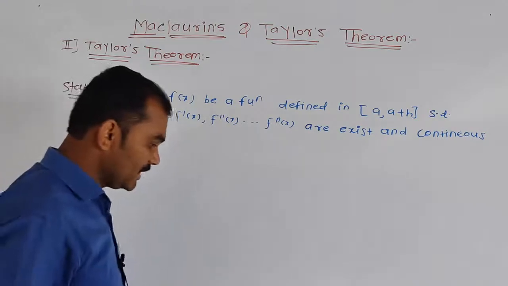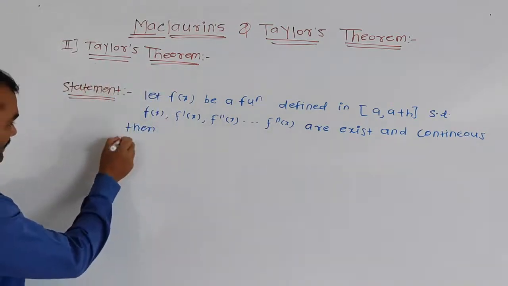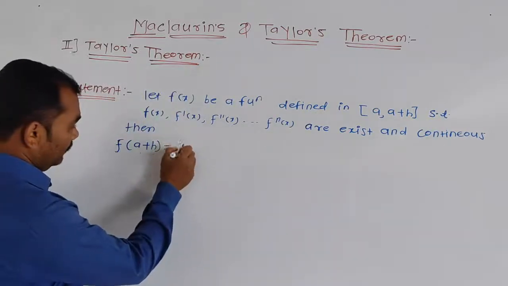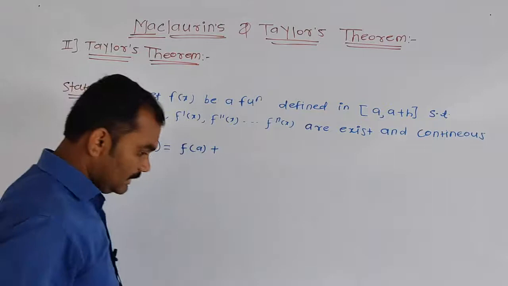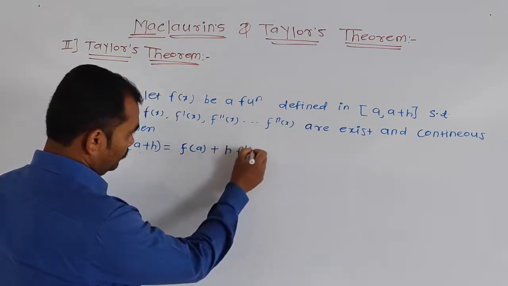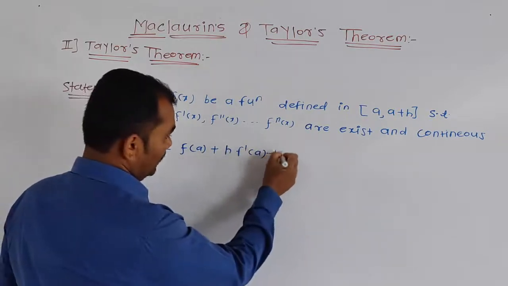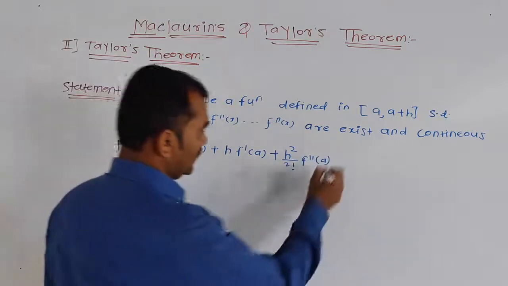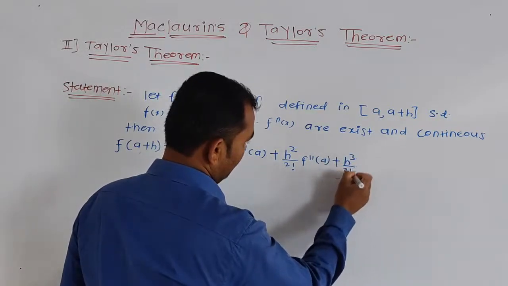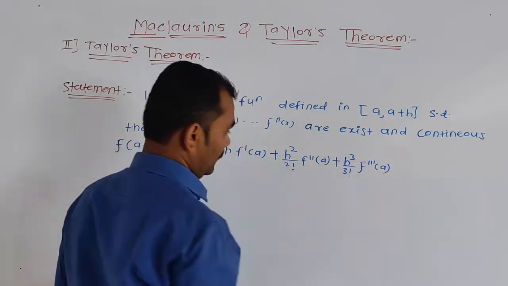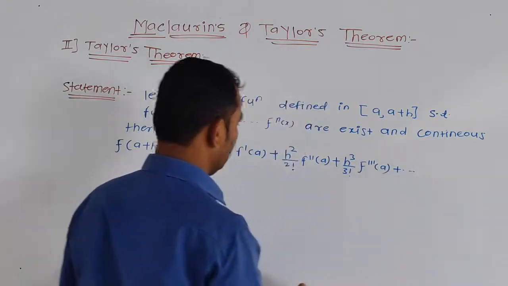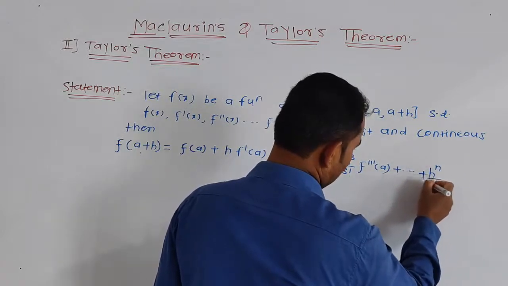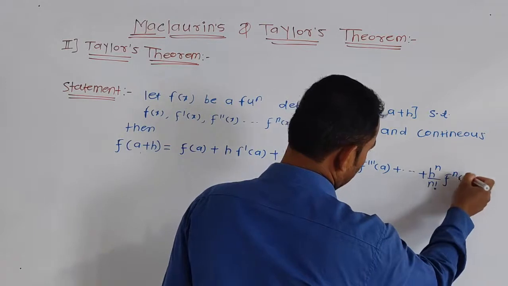the Taylor series expansion is f of a plus h is equal to f of a plus h into f dash of a plus h square divided by 2 factorial f double dash of a plus h cube upon 3 factorial f triple dash of a plus dot dot dot h raised to n upon n factorial f raised to n at a plus dot dot dot.